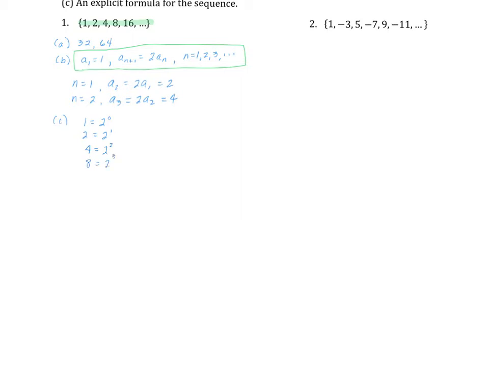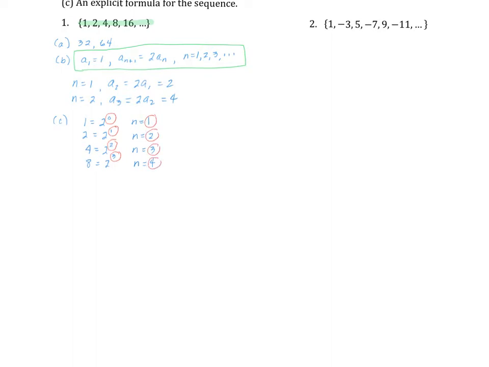So if my first term is when n is equal to 1, and then the second term is n equal to 2, and so on, what I'm trying to do here is see if I can define my sequence in terms of the n value. So what I notice is that the thing that's changing is the exponents on 2. And I want them to match up to these n values.